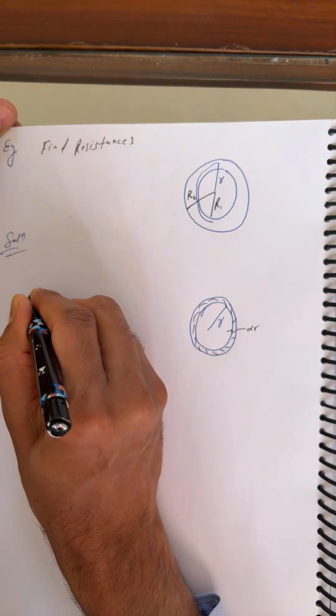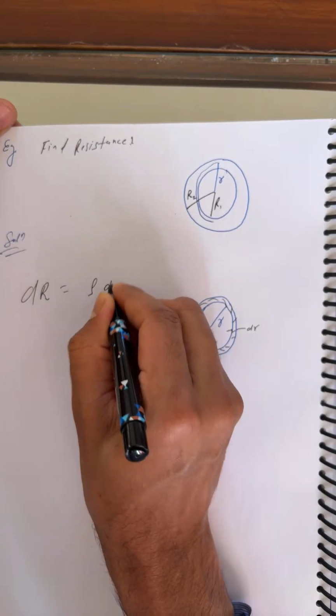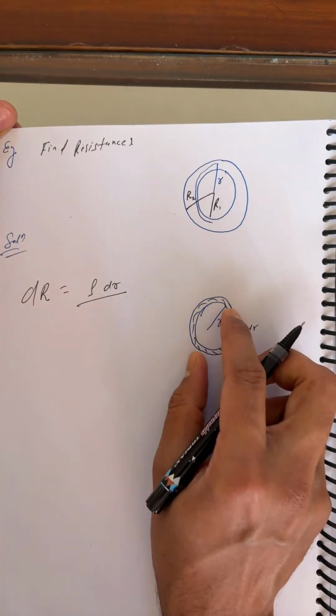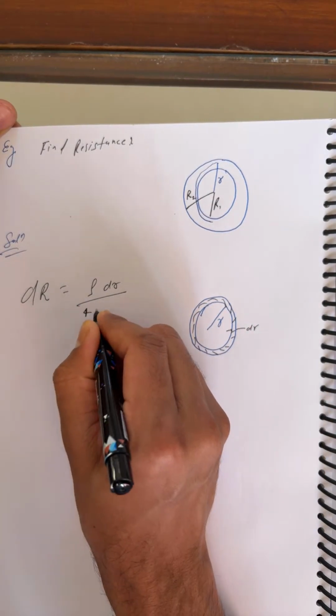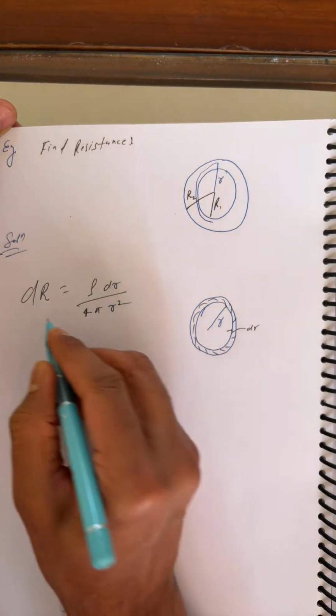Okay, so write the expression for the elemental resistance. dr is what? Rho into L upon the area. What's the area of a sphere here? 4 pi r square. Simple, just integrate both sides.